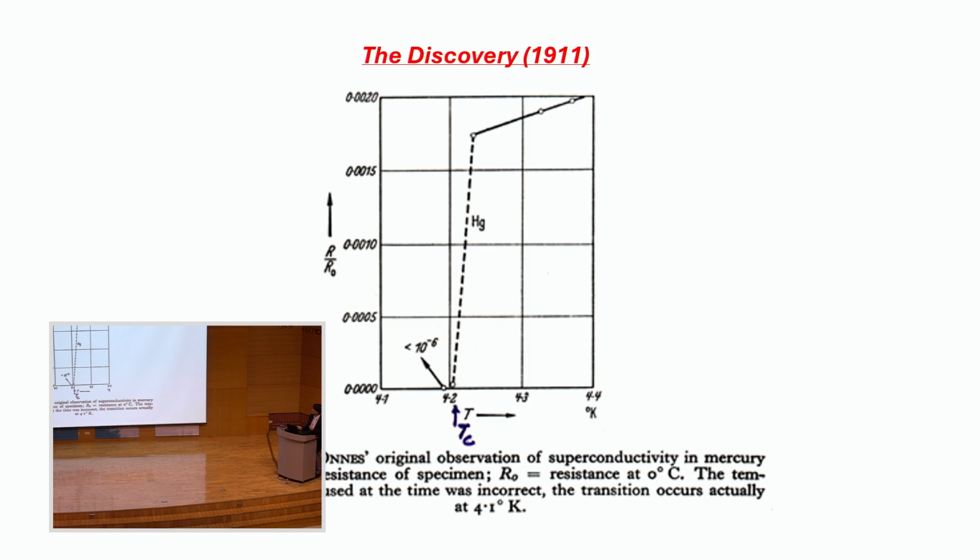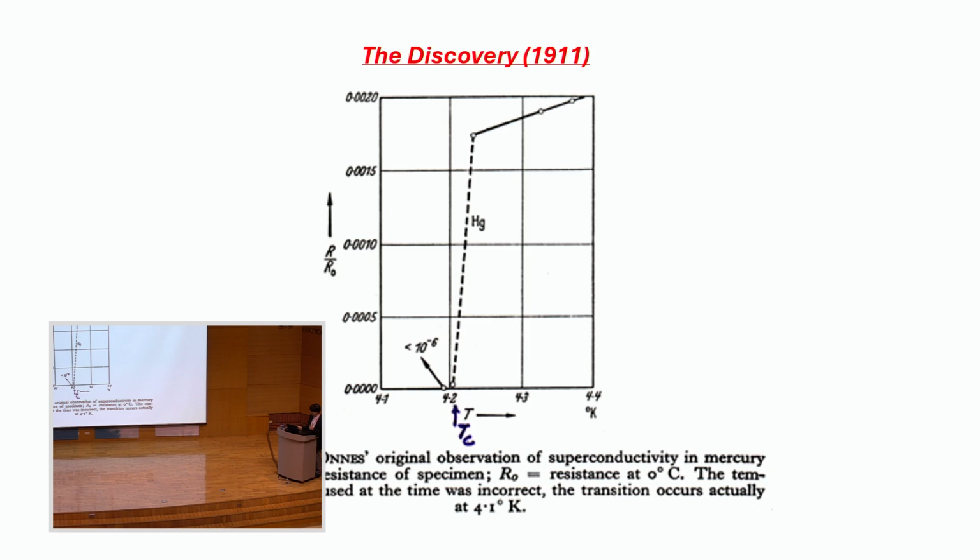Then we all know it's 1911, Kamerlingh Onnes, when he put in the mercury. At the time people thought mercury could be the purest element, because by distillation you can get it very pure many times. So they all looked at pure material.